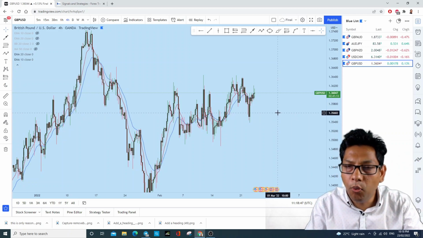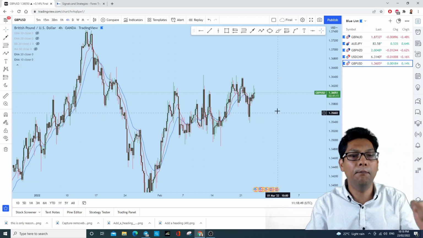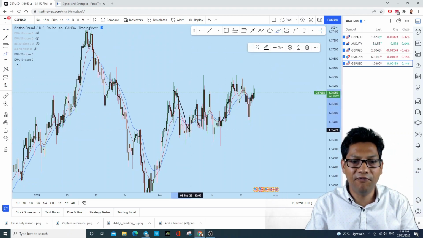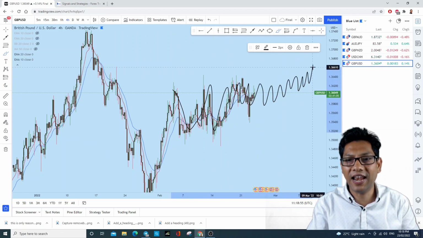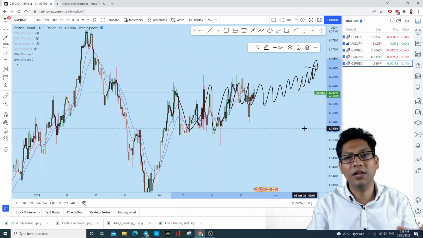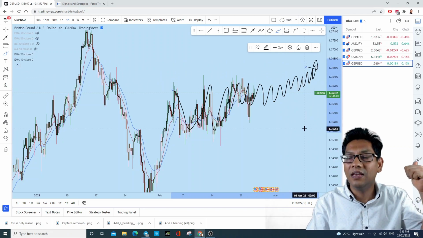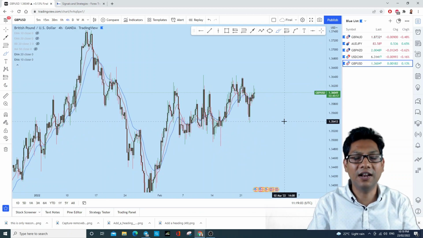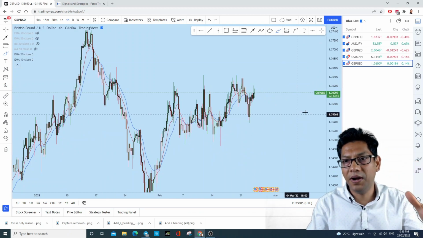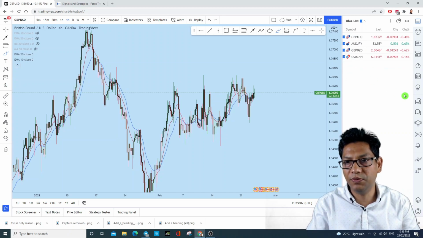It could be a bullish market, it could be a bearish market, but it's very consolidated and sideways. When you see a market like this, you should avoid it, because we already analyzed GBPJPY, which is much clearer than GBP USD, so we leave GBP USD.